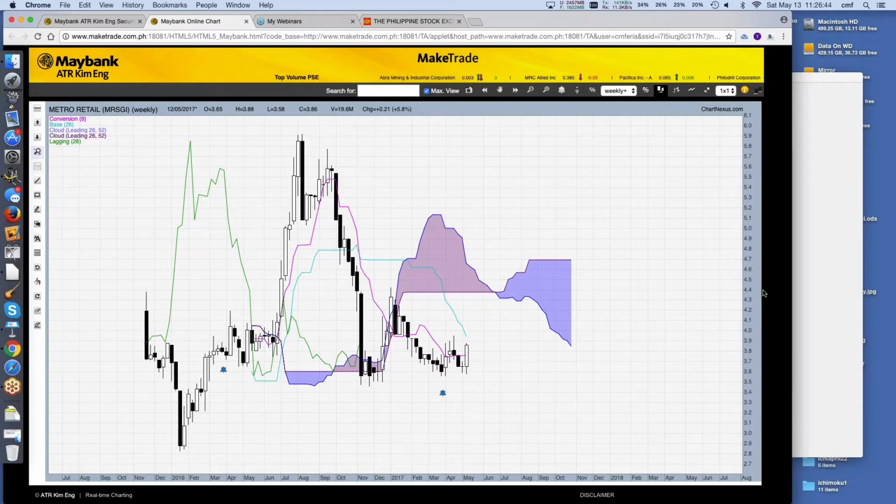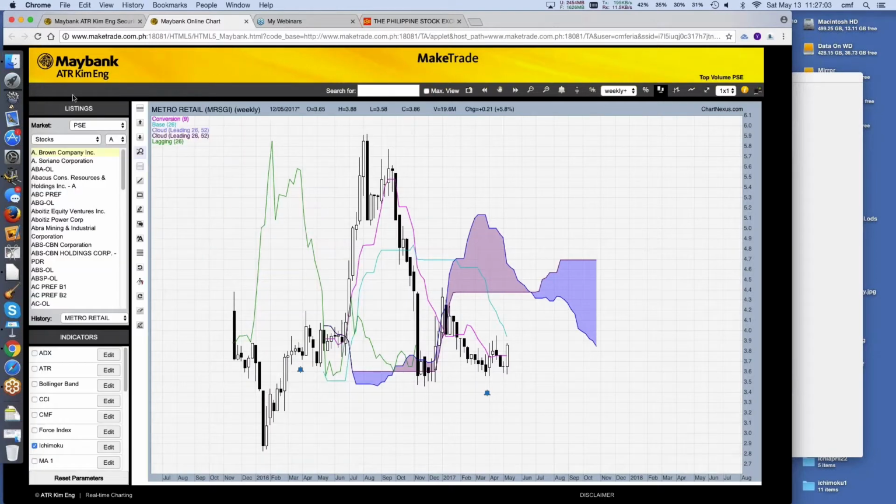Okay, I just found your questions right now. Where to plot Ichimoku? If you are using MakeTrade, just click on this Ichimoku button at the bottom.